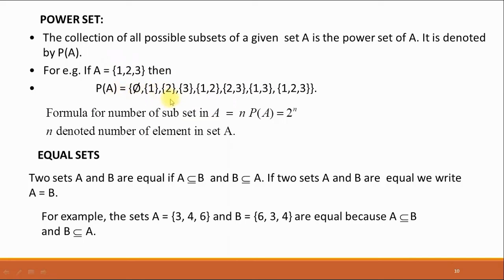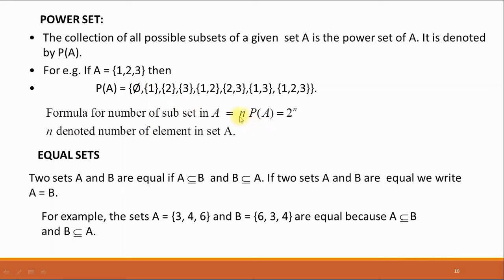There are 8 elements in the form of subsets: 1, 2, 3, 4, 5, 6, 7, 8. All these subsets are called elements of the power set of A. Using this formula, we can find the number of subsets for a power set.